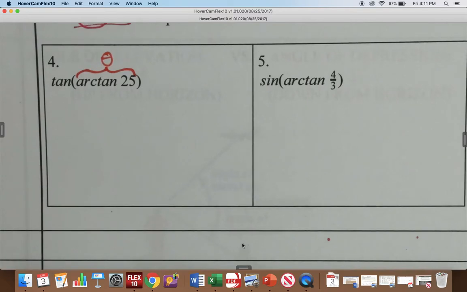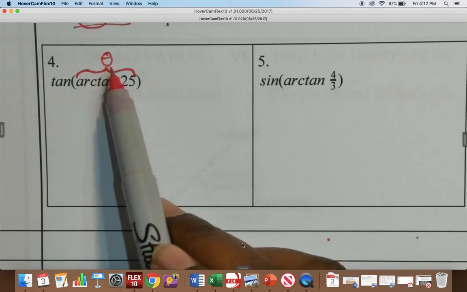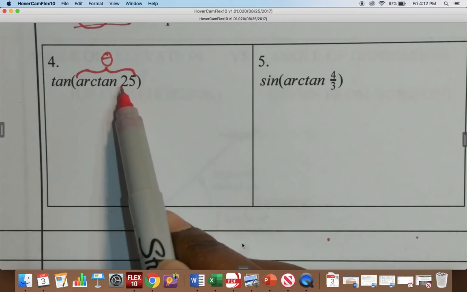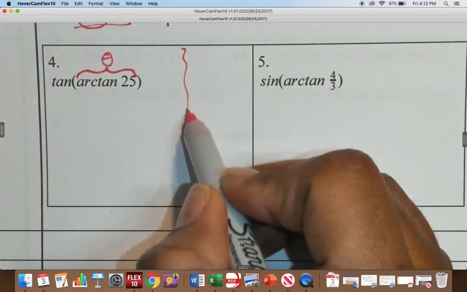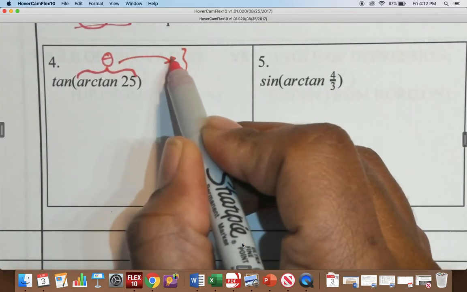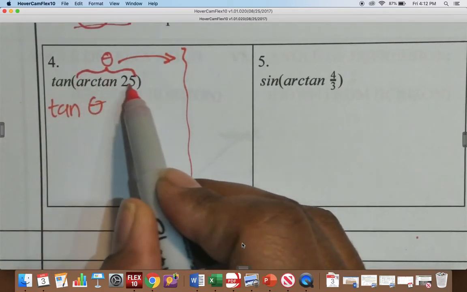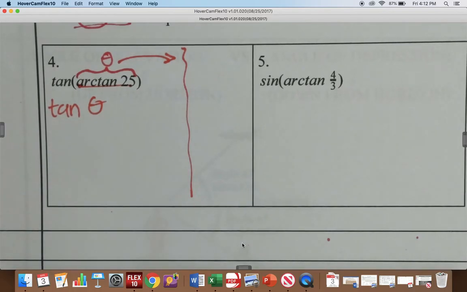We know that arctan, just by our definition, in this case of 25, is asking us, well, what's the theta, what's the angle measurement where I were to plug in tan of that angle, I would get 25. So I'm going to come over here, do a little scratch work and say, I'm looking for tan of theta, because this expression is theta, whatever the angle is.